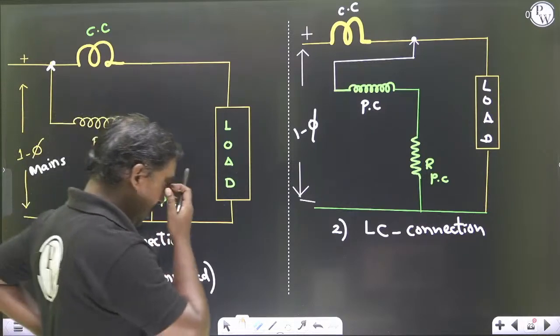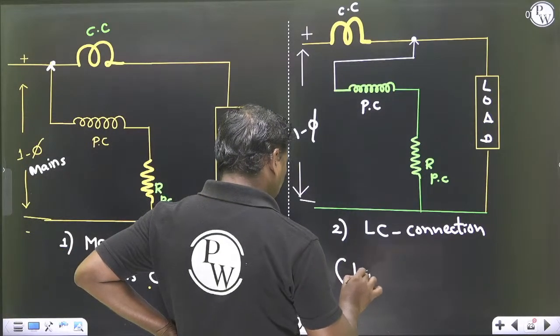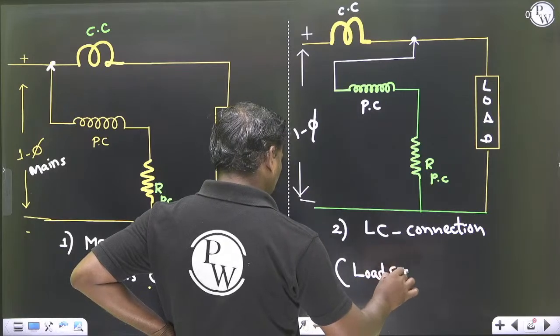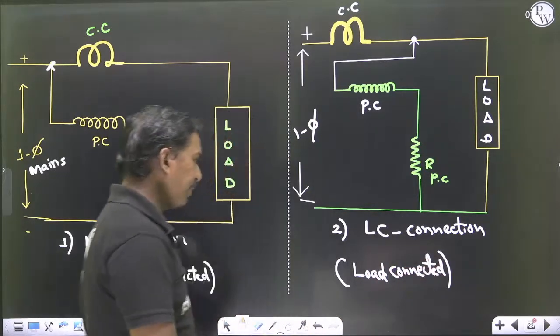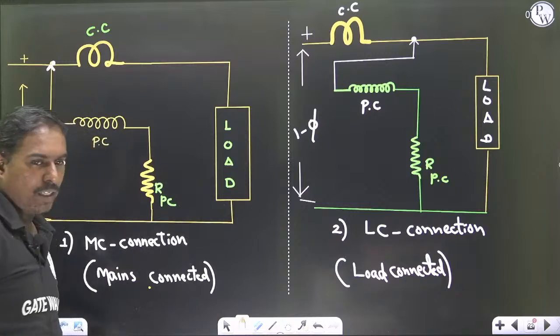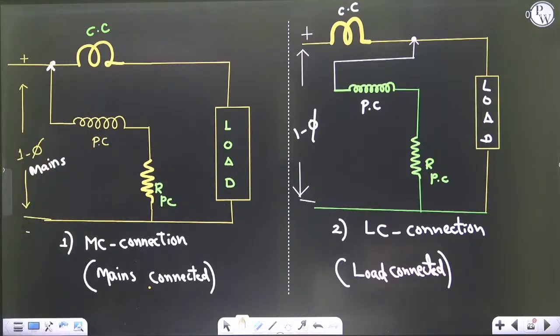This is mains connected. This is load connected. So please note down. Can you tell me what is the difference between these two and what can be the error? Is there any error possibility?